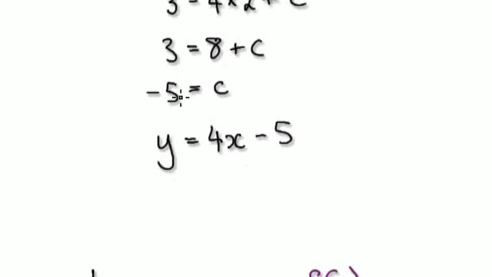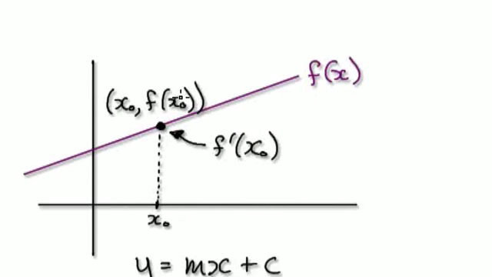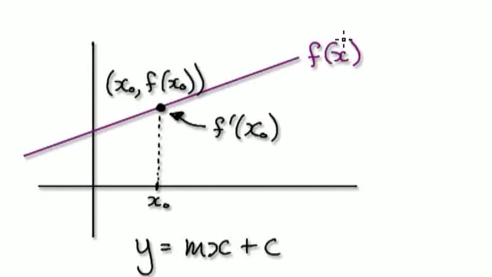So now, hang on, let's look at the general case. Let's say you've got a function here, f of x, and one particular point at x0. So the coordinates here will be x0, and the height here will be f of x0, and the gradient at this point will be you differentiating this thing here.